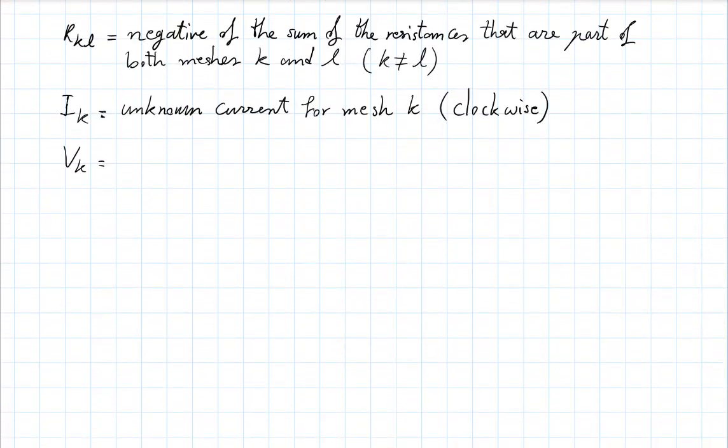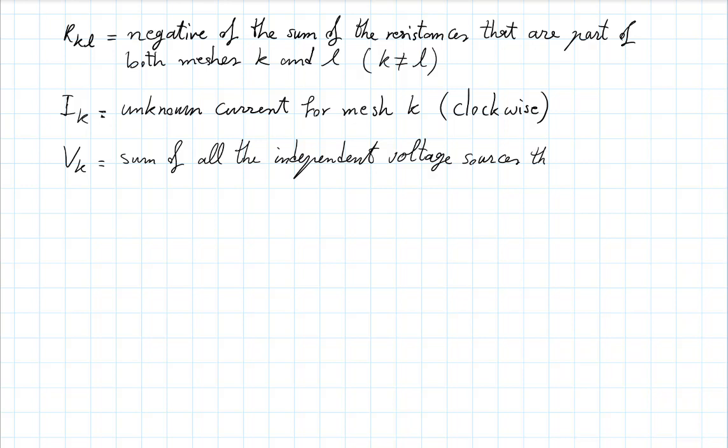So Vk is the sum of all the independent voltage sources in mesh K. And again, to be self-consistent with the recipe, if you go clockwise, a voltage rise is treated as positive. A voltage rise in the clockwise direction.